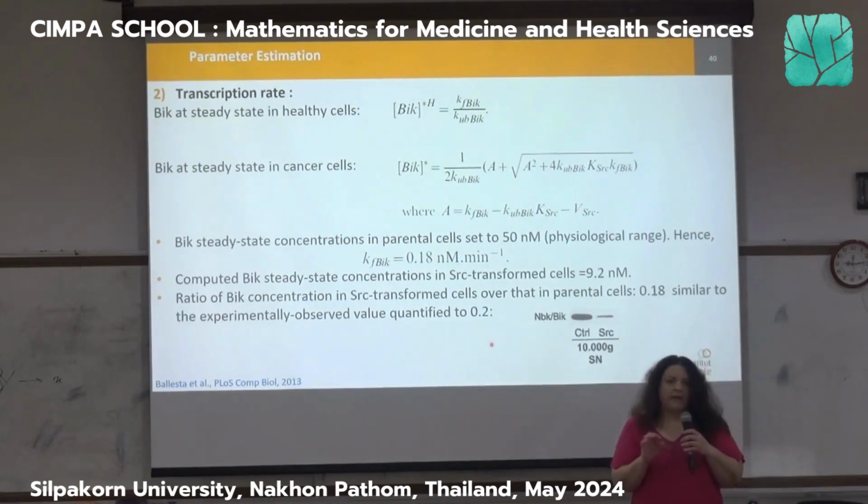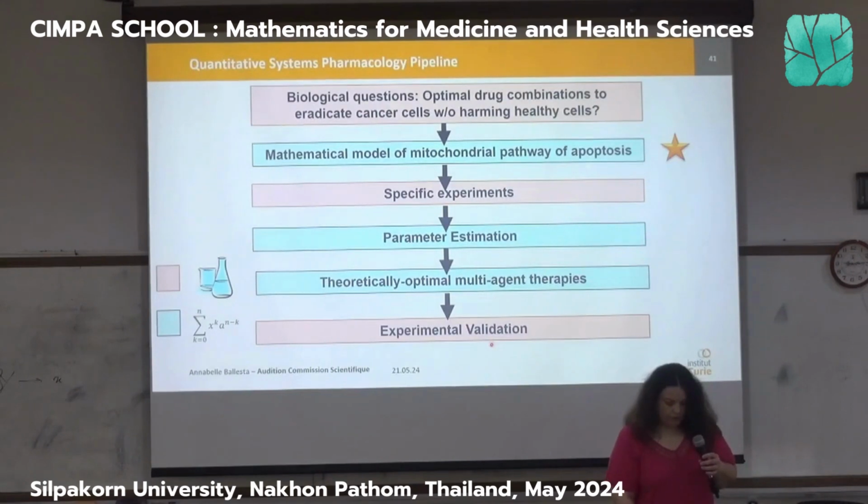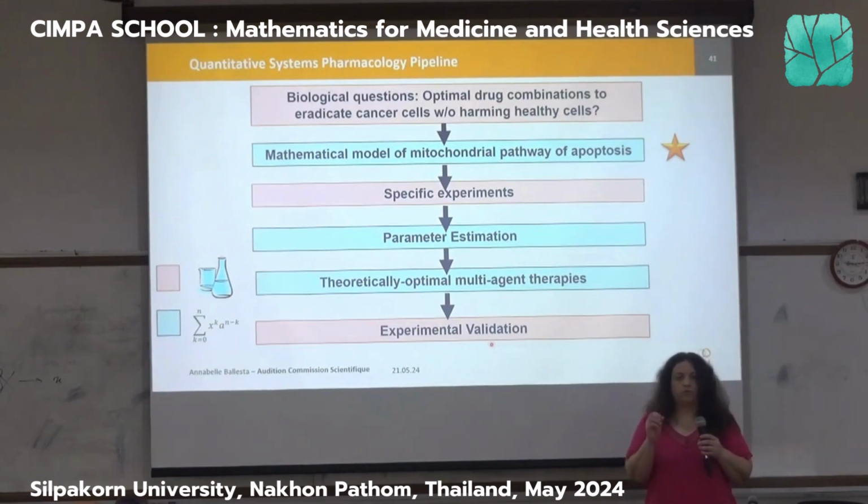So yesterday I described the dynamics of BIC in normal conditions. So the cells are in their petri dish, in their culture medium, without any stress. Now today what I want to do is to model the condition when the cells are exposed to a drug, a cytotoxic drug.